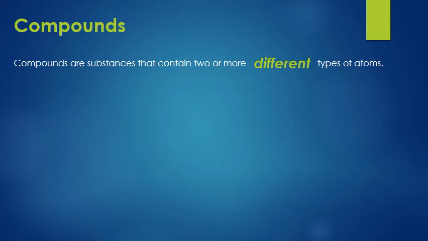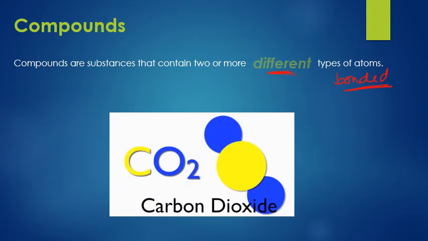Compounds are different from elements because they happen to have different types of atoms that are bonded together. That is the key word. You have to have different types of atoms bonded together. Different. Very important that they're different. Carbon dioxide. Here is a space-filling model where we didn't actually show the bonds as sticks, so I drew them in.